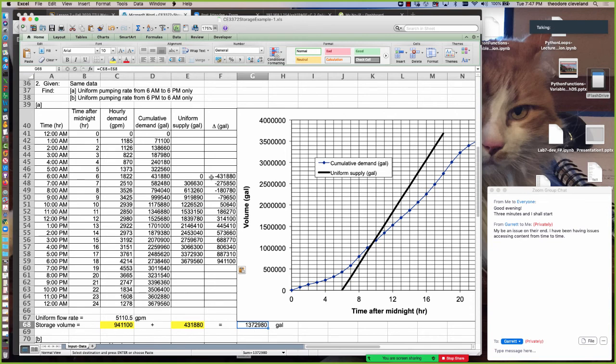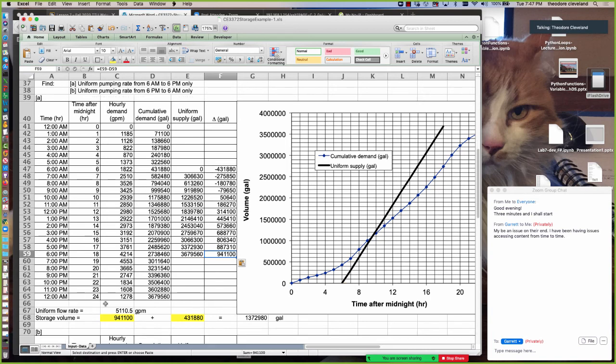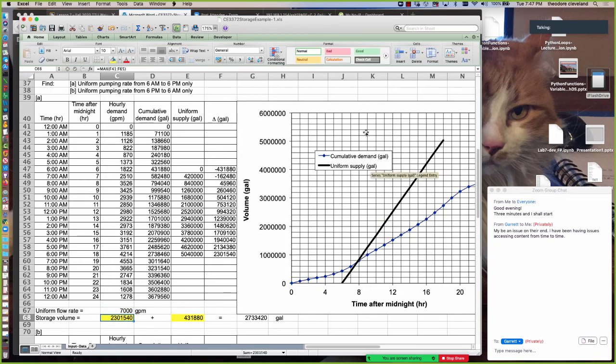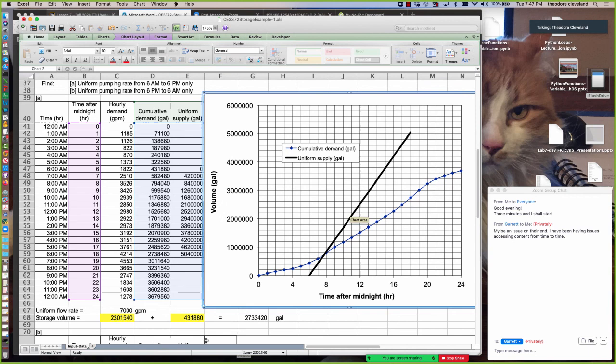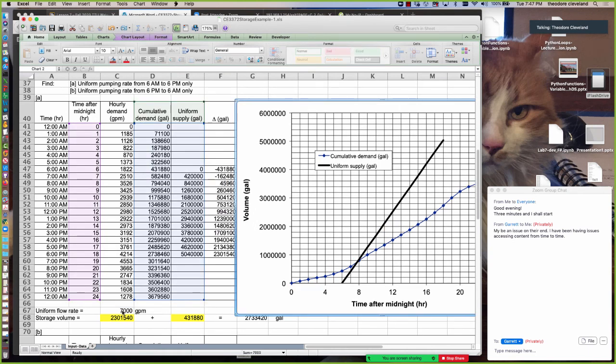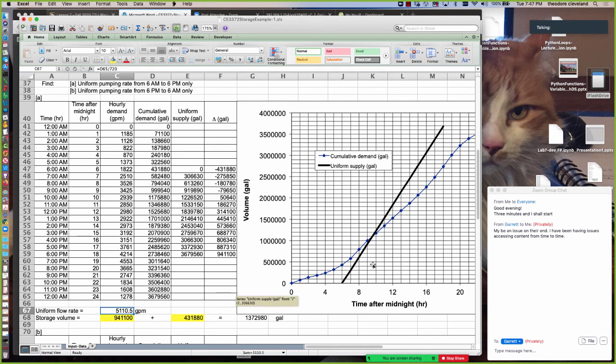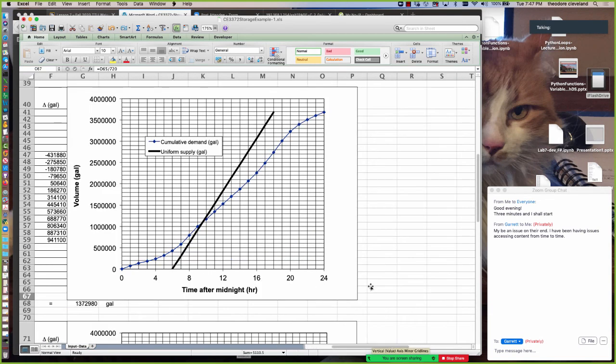Here we have the largest negative and the largest positive deviation to make those calculations. And we're now also pumping at a different rate. So we have to change the pumping rate to reflect the shorter pumping time. And that's displayed graphically. The key thing on the uniform supply is that that point and that point should be the same value on the y-axis.